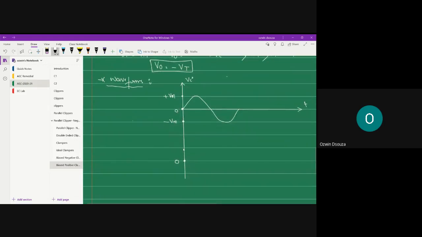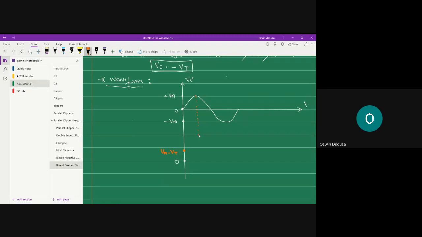So let's say this is the value. Let us write this value as Vm minus Vt.